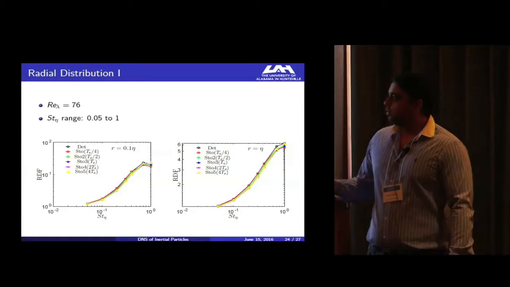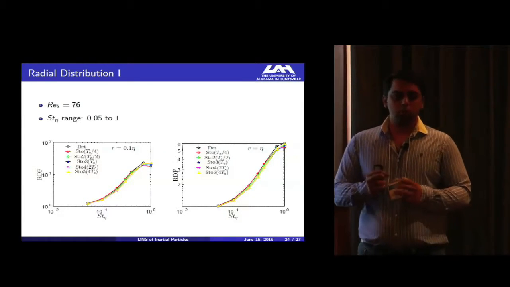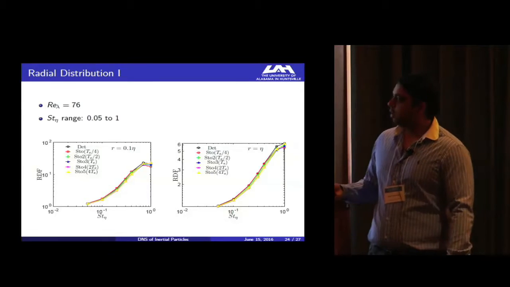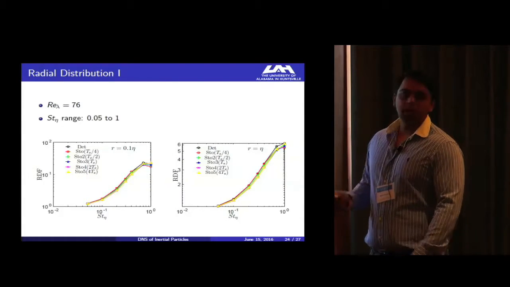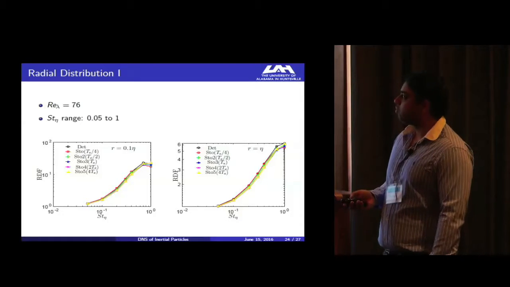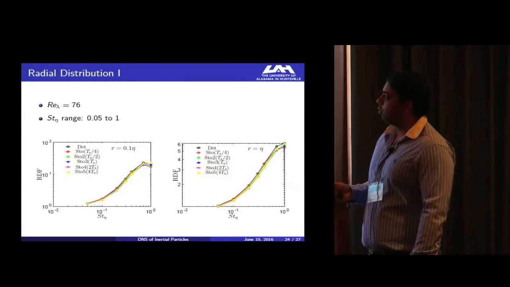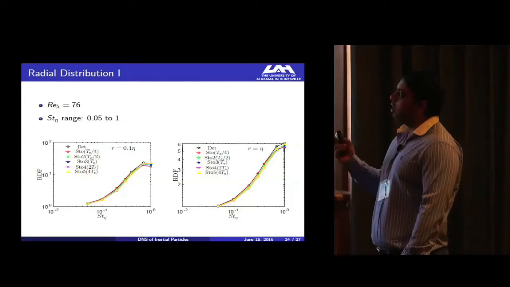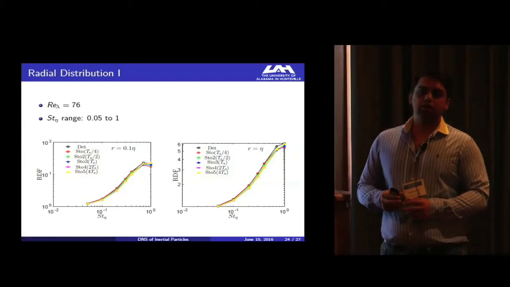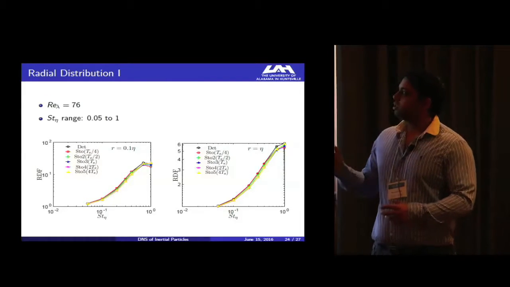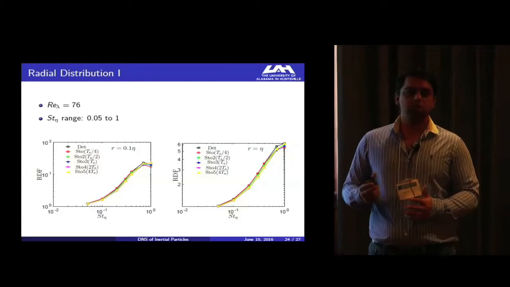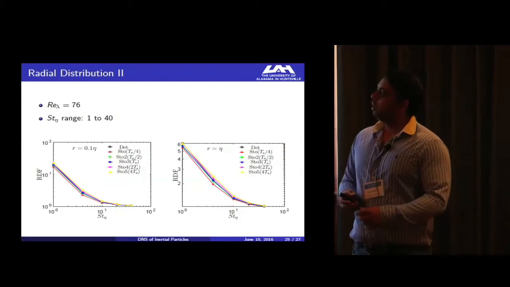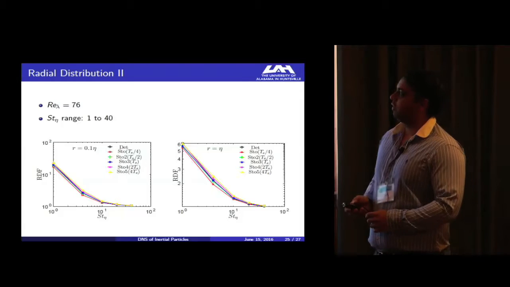As we know, low Stokes number particles are affected by the small scales of the turbulence, so we expect all the forcing schemes to give good agreement in RDF at small Stokes numbers, which we see at both the small separation of 0.1 eta as well as at the Kolmogorov length scale. The small separations of 0.1 and eta are important to us because these separations help us compute the collision kernel more accurately.